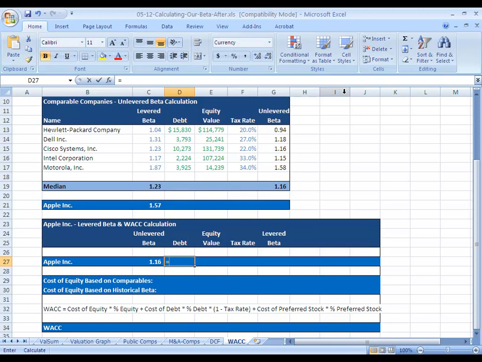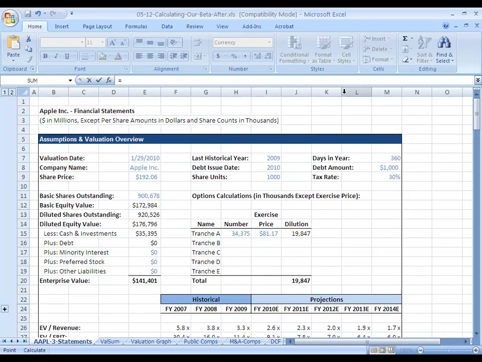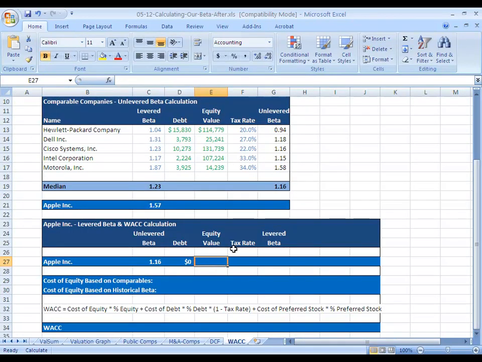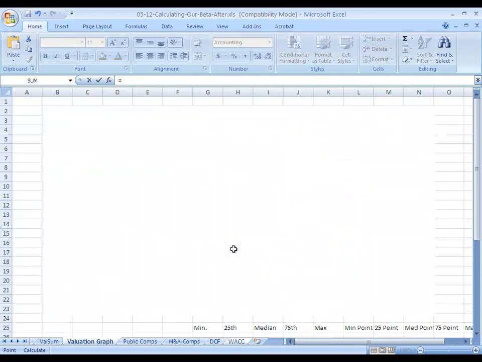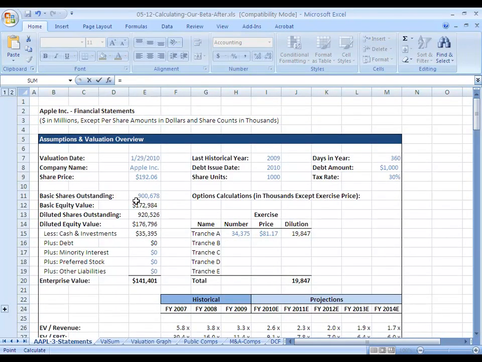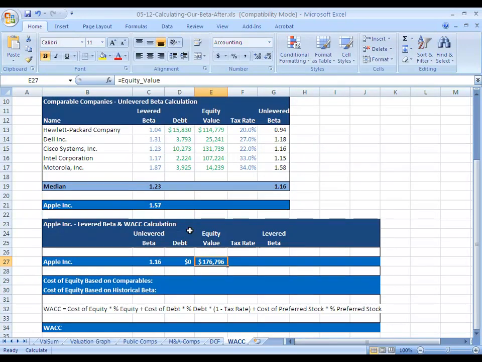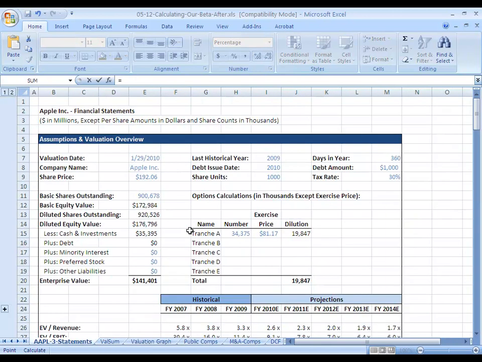For the debt, I'm going to go back to our three-statement model for Apple, and pull the debt number in directly from there. Then for the equity value, I'm also going to go back to the three-statement model and get the diluted equity value from right there. For the tax rate, go back to the three-statement model once again, and I'm going to pull Apple's standard tax rate of 30% from there.